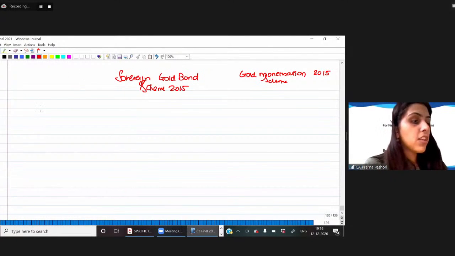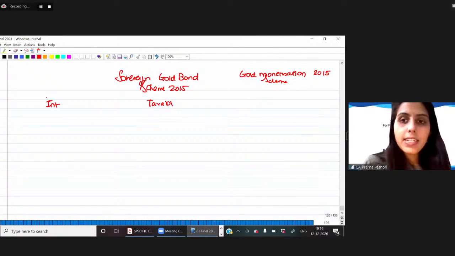Okay, so interest on the sovereign gold bond scheme is taxable, whereas it is exempt in case of the gold monetization scheme under section 10(15).